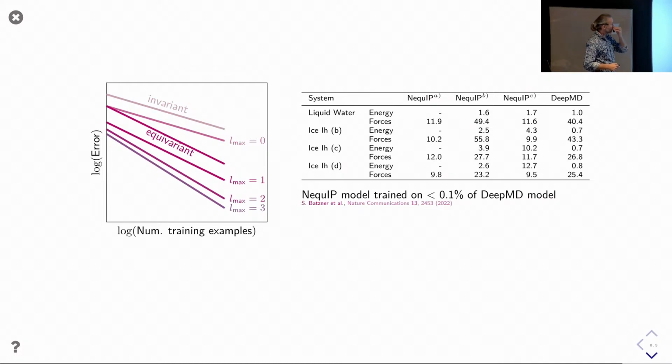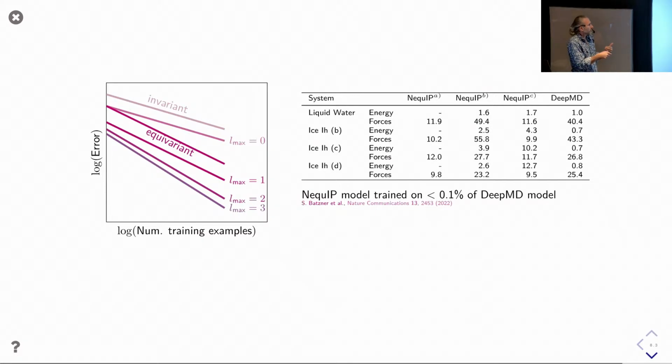People are showing, and this is a summary of results from the community, that these invariant models, which are now a bit older, which are L0 because it's the L equals 0 spherical harmonic, have a learning rate like this. So if I'm showing it more and more examples of training data, the error in the forces or energies goes down with some slope. If I change the hyperparameters or change the model, it might move this line, so the intercept, but it's not really fundamentally changing the slope.